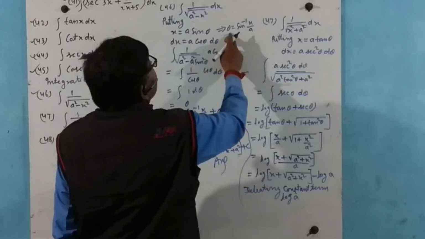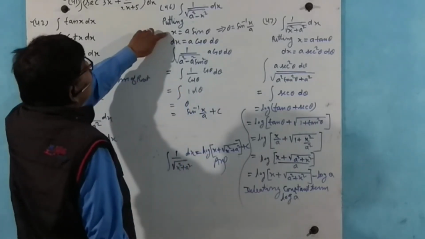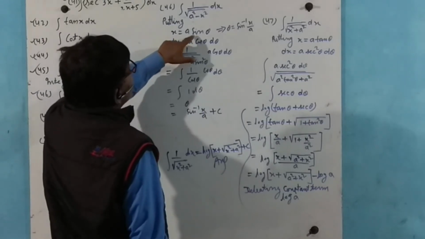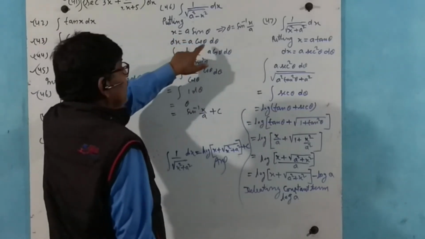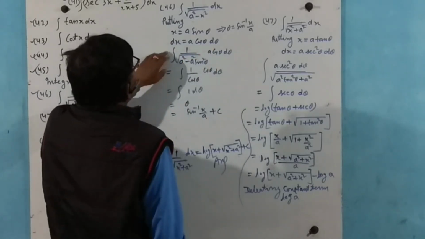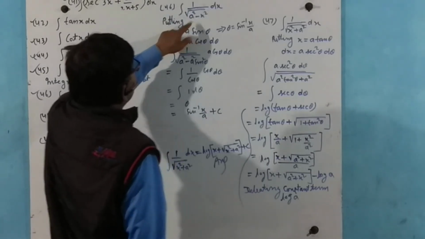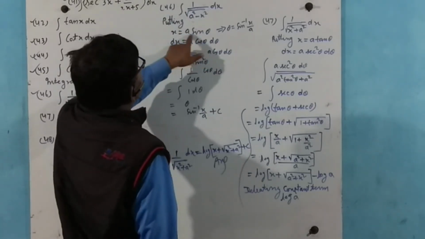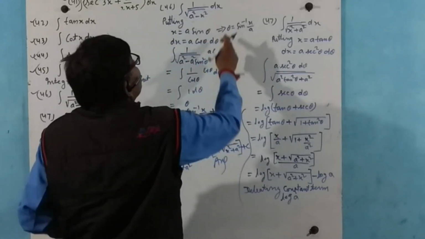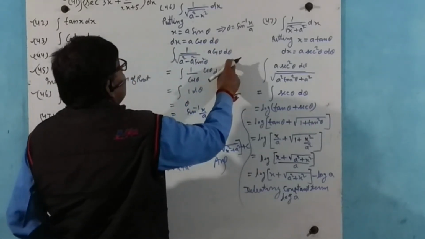Differentiating with respect to theta, dx equals a cos theta d theta. Putting this value, x square equals a square sin square theta, and dx equals a cos theta d theta.